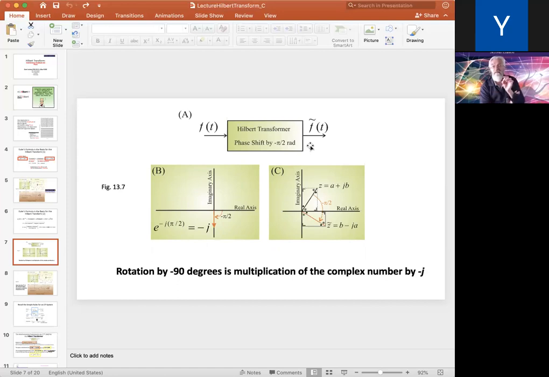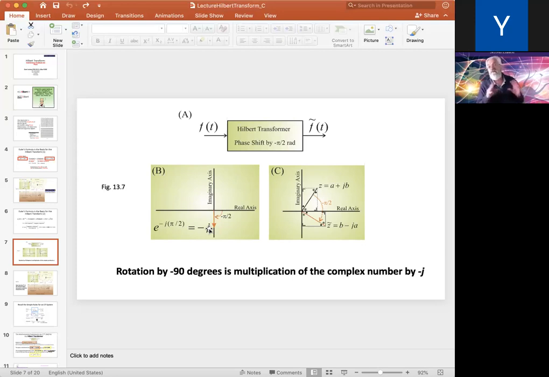It takes a signal and shifts the phase by minus 90 degrees or minus pi over 2 radians. And if you do that in the unit circle, it means that you are multiplying it by the exponential of minus j pi over 2. And if you do that, you can see that that actually corresponds to a multiplication with minus j. So as a matter of fact, it's a pretty simple operation if you think of it like that.